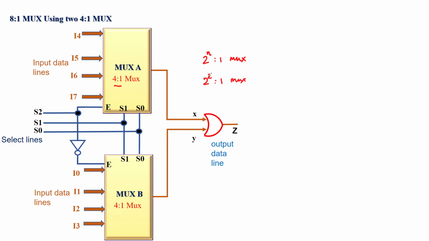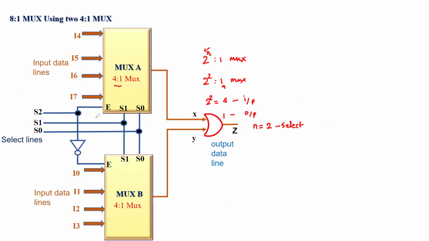And that means 2 to the power 2 equals 4. They are your input data lines. 1 is your output data line. This is the one here. And this n is equal to 2 because 2 to the power 2. They are your select lines. So where are those select lines that we need to see here? This S1 and S0 are your two select lines for 4:1 MUX.